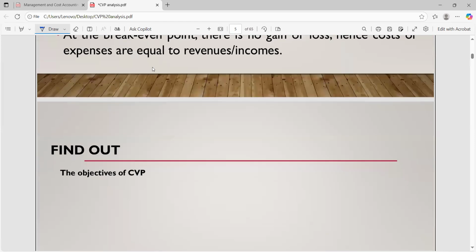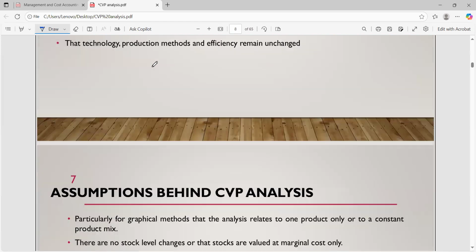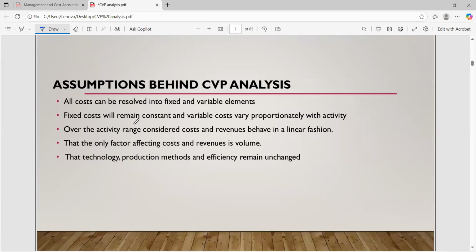Cost can be grouped into fixed cost and variable cost. And then it says that fixed costs will remain constant and variable costs vary proportionately with activity, just like we proved that fixed cost is constant for a period of time, but variable cost changes with respect to output.